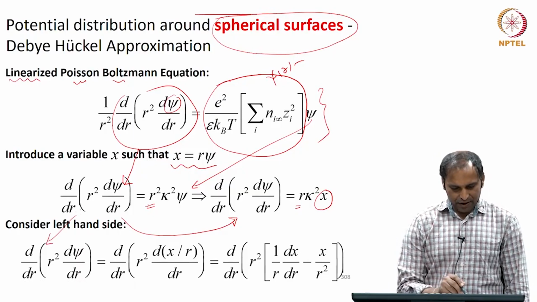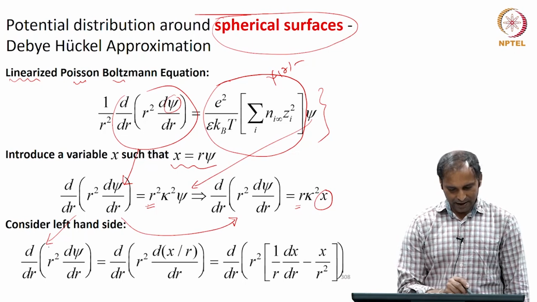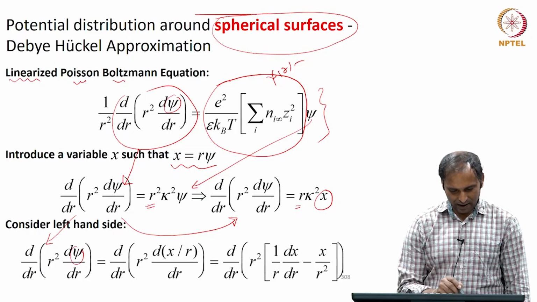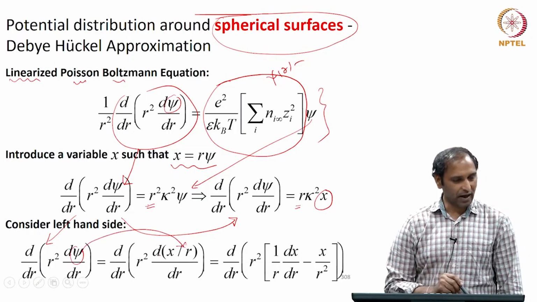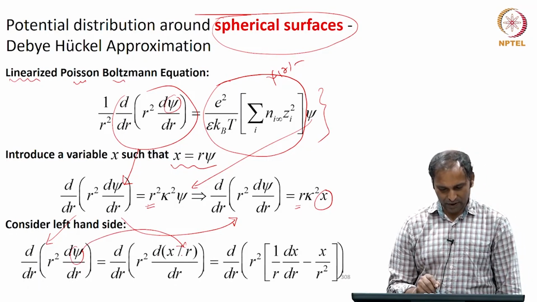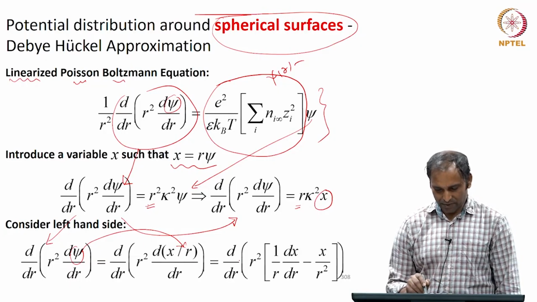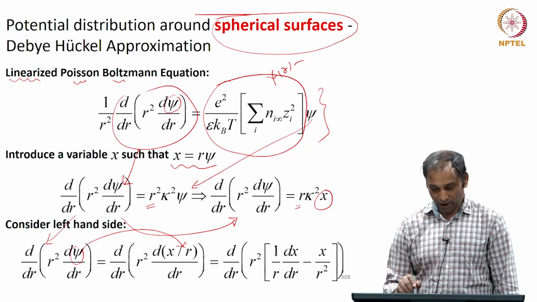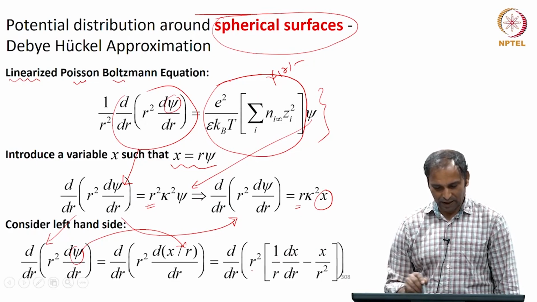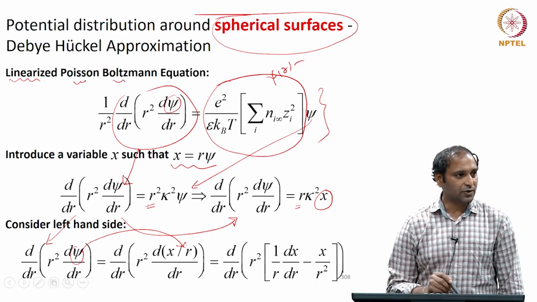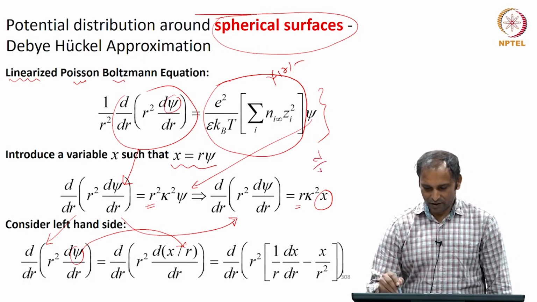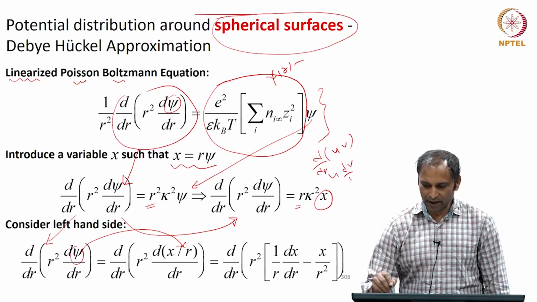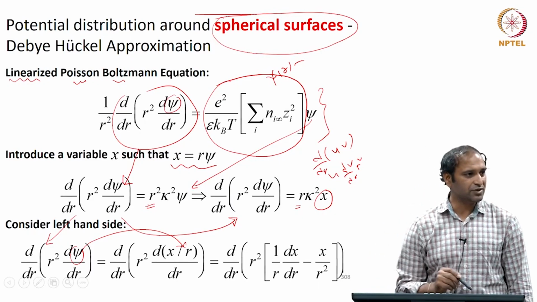This term, d by dr of r square d psi by dr, I can write as d by dr of r square, and instead of psi, I can replace it with x by r. Therefore, this becomes d by dr of r square into 1 over r into dx by dr. If you have d by dr of uv, it is u into dv by dr plus v into du by dr, so we use the chain rule.